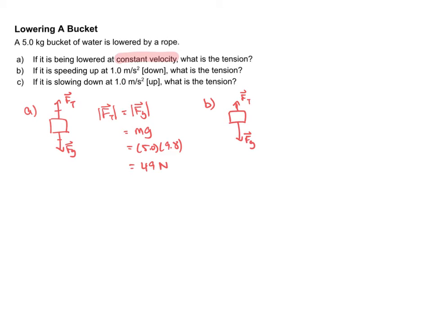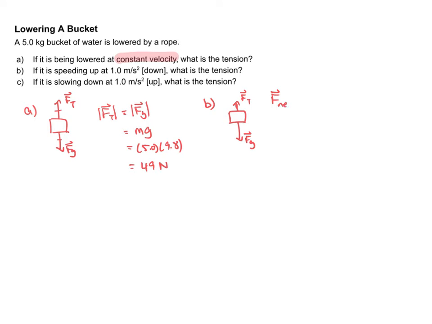Okay, so how about I do this one in terms of vectors, and part C I'll do it in terms of magnitudes only, so you can see the difference here. Okay, so part B, I'm going to apply Newton's second law.